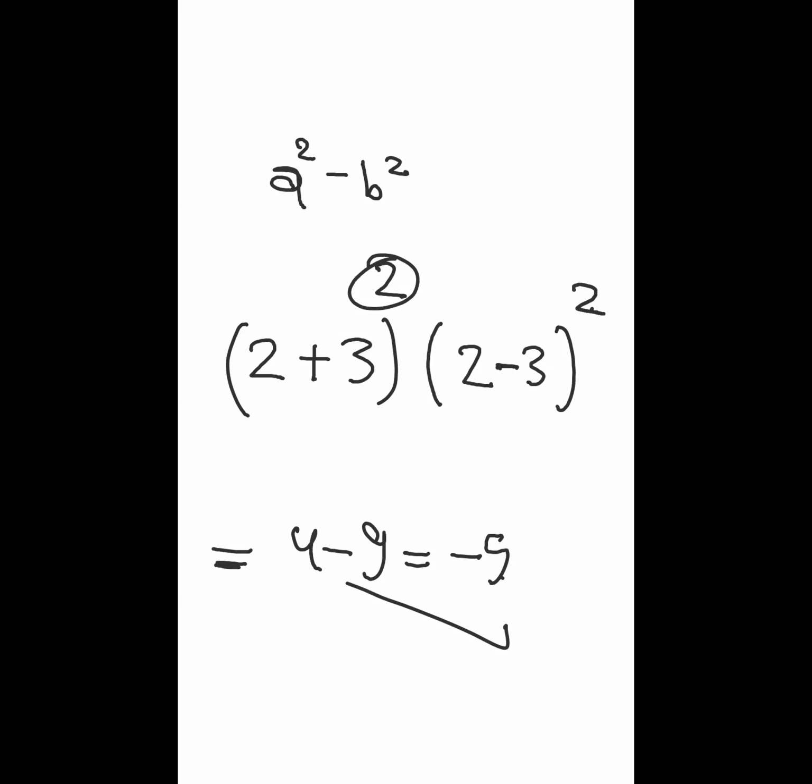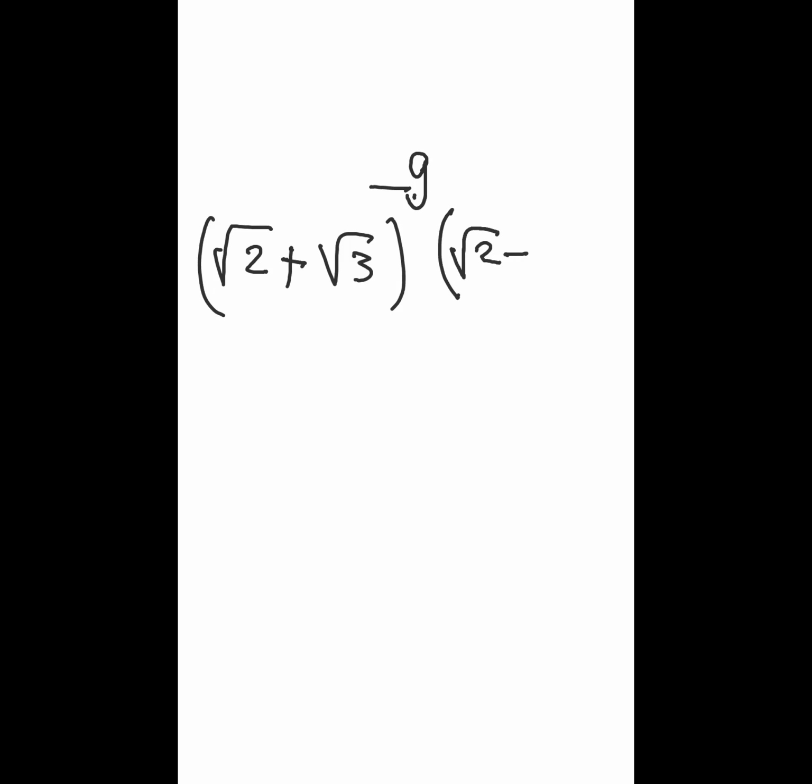I don't care about those two powers. So in our question it was square root of 2 plus square root of 3 at the power of -9, times the same term, square root of 2 minus square root of 3 at the power of -9.